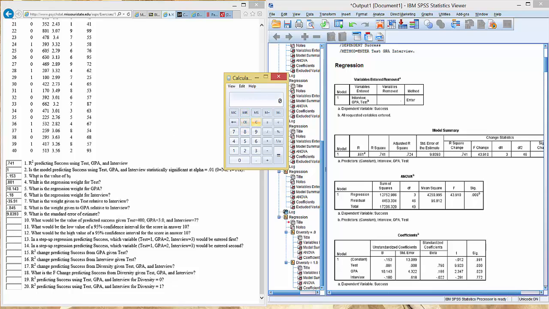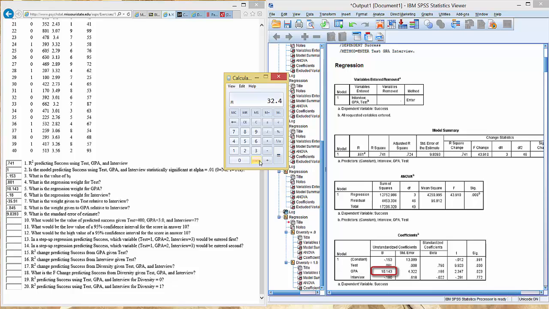We'll clear everything. We'll enter in b sub 0 first, 0.153, change sign. We'll accumulate everything in memory. Next is the test, 0.081 times 400. We'll put that in memory.